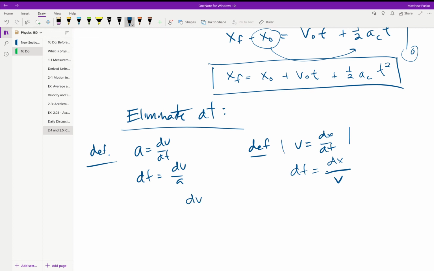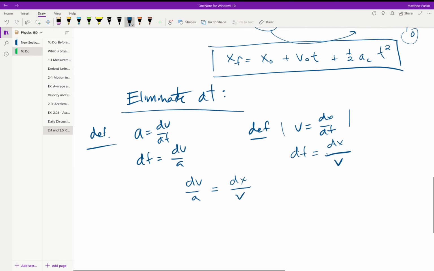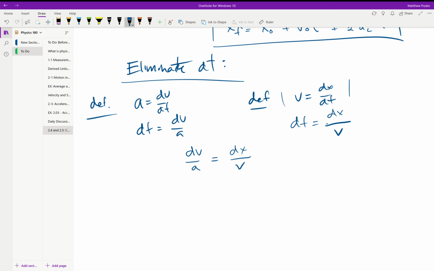I can say dv over a is equal to dx over v. Alright, let's go ahead and make it a little cleaner, separate the variables. Let's get this v on the same side with this v. So I get v dv is equal to a dx.